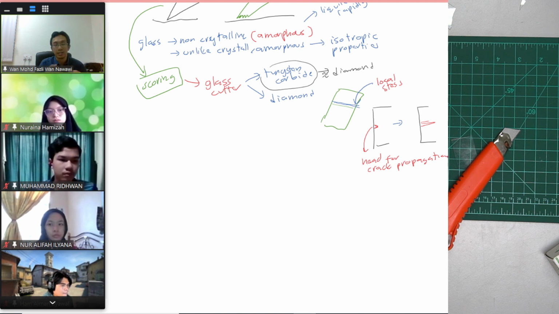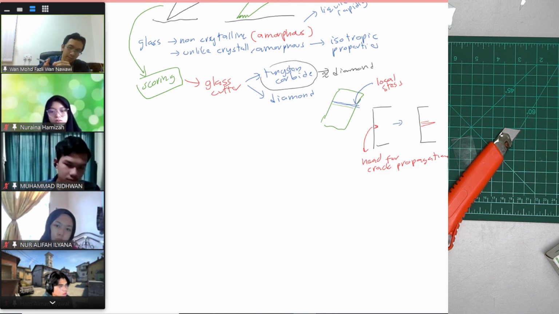So when you scratch and then try to break, the crack will propagate along the axis, because now you are creating a preferred axis. Previously there was none, and if you break it, it splinters. But now that you have this crack, you have a path for propagation to happen.